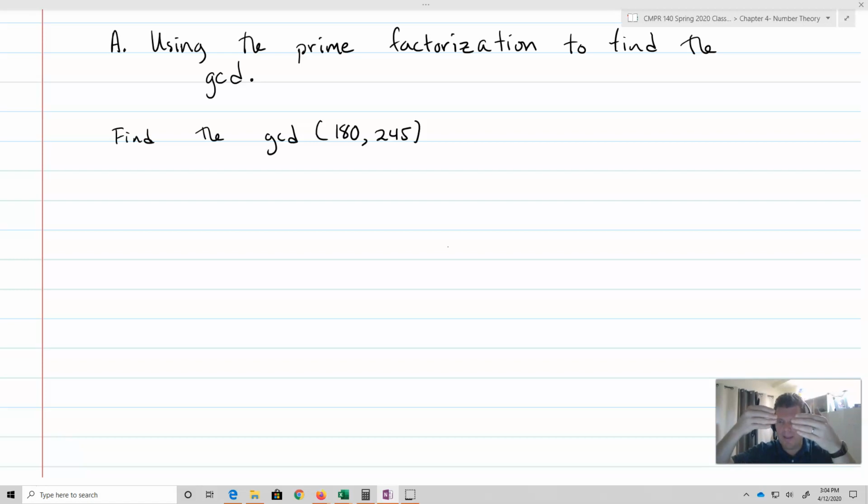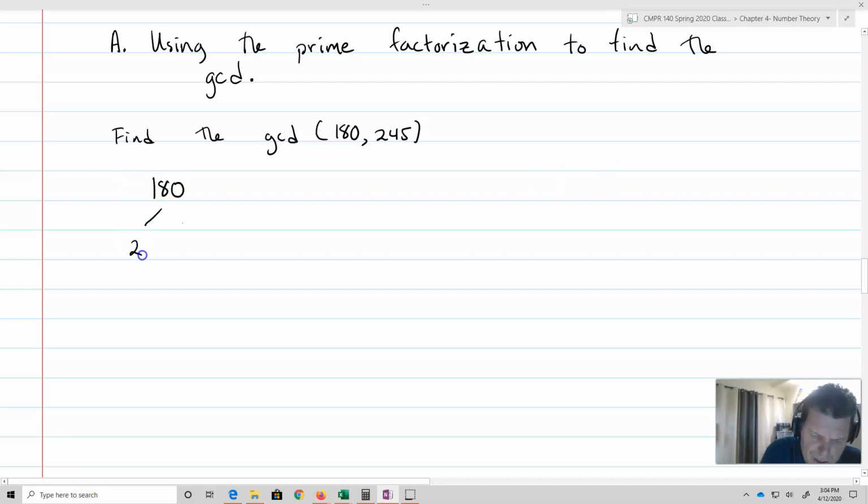So the largest group that they have in common is going to end up being your greatest common factor, because you're going to see those pieces all factor into the individual numbers. That's how we use the prime factor tree. We find what that factorization is, and then we pick the ones that they have in common. So let's start out, we'll do 180, and then we'll do one for 245.